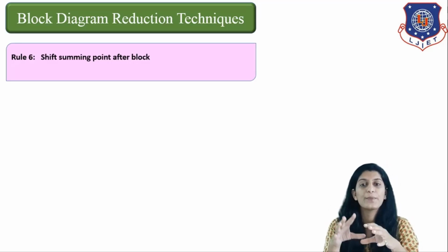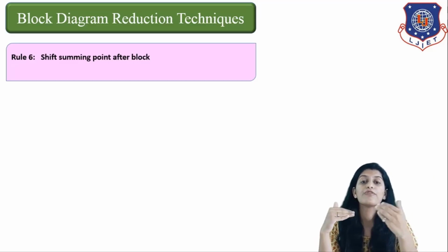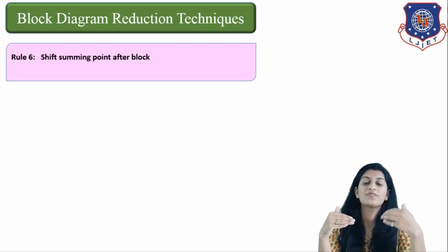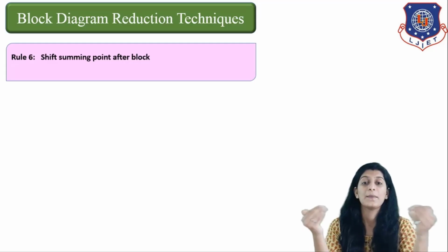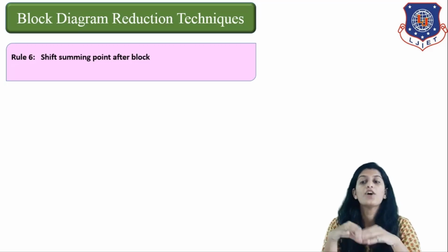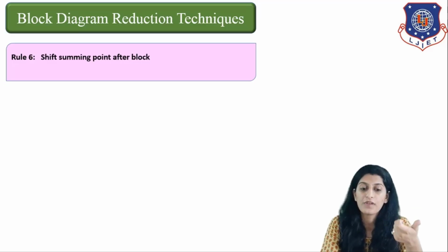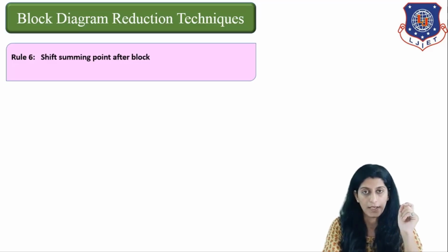So, a summing point is basically a point where different types of signals either enter or come out of that particular point. So, here we will deal with how we can shift our summing point.